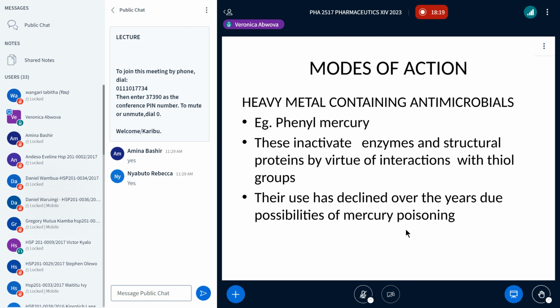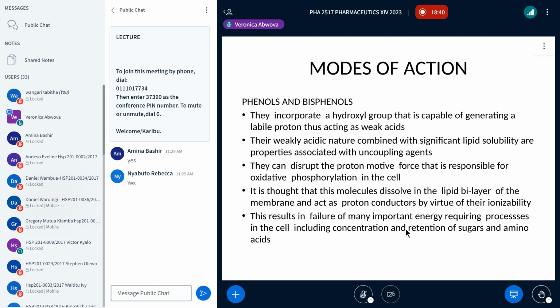Okay. Then we have heavy metals containing antimicrobials, for example, phenyl mercury. This will inactivate enzymes and structural proteins due to interaction with the thiol groups on the enzymes. Their use has declined over the years due to possibilities of mercury poisoning.